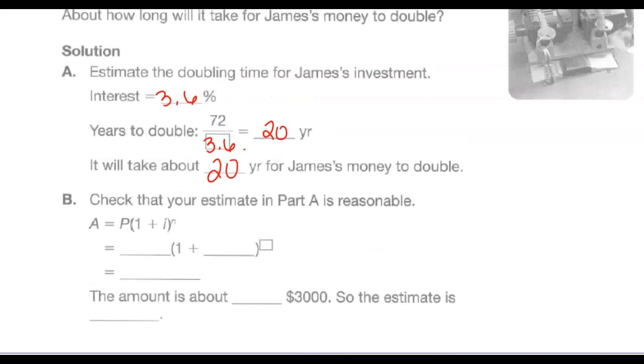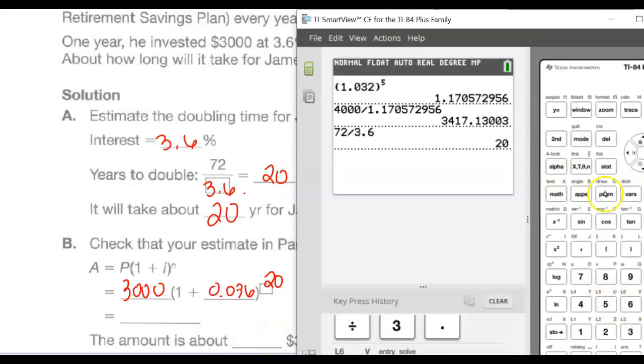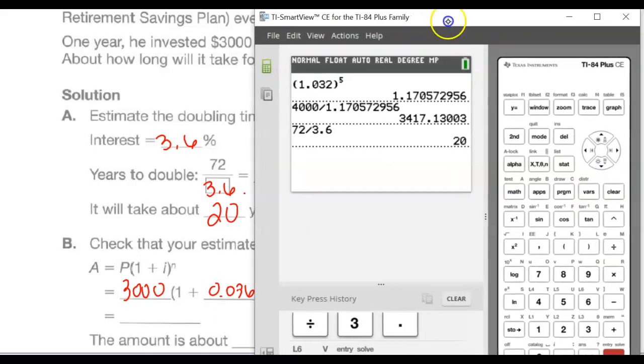Now we're just going to check that that estimate makes sense. So our principal is 3,000. Our interest rate is 0.036, and it's going to be in there for 20 years, we're saying. So in our calculator, we can put this all in at once.